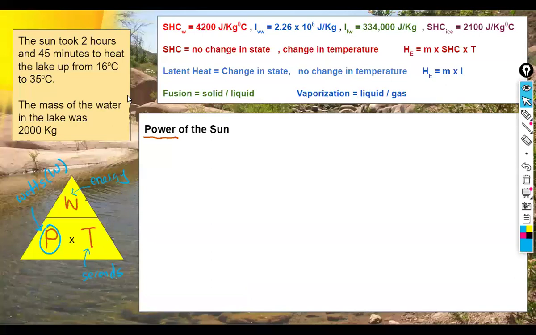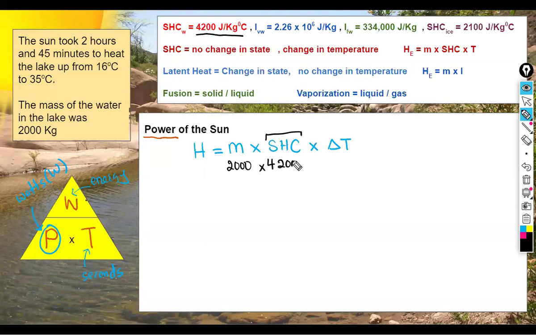All we're doing is raising the temperature of the water. So the heat energy required is the mass of the water times the specific heat capacity of the water times the change in temperature. The mass was 2,000 kilograms, and the specific heat capacity of water is given in kilograms, so no tricks there.